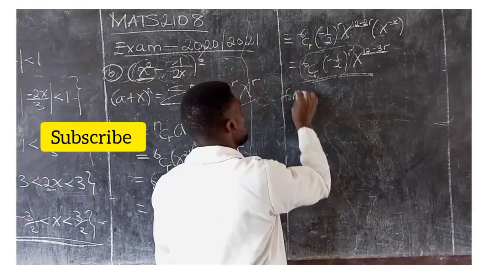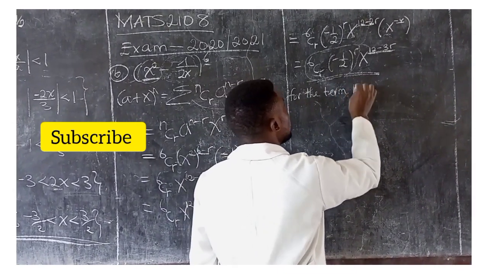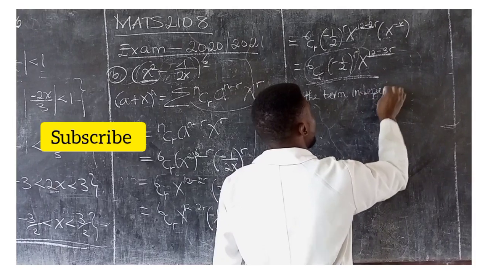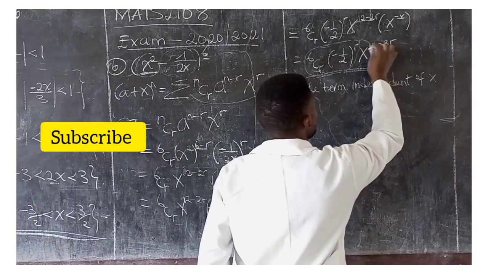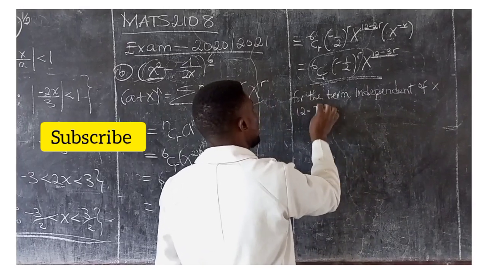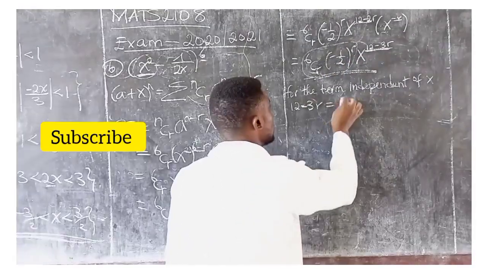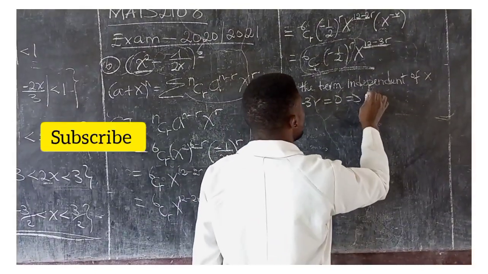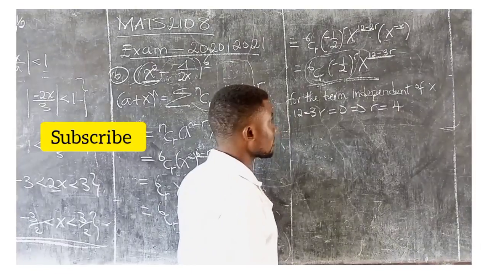That is, for the term independent of x, this power should be 0 so that we can obtain the value of r, which we are going to substitute here. This is going to give us r as 4.